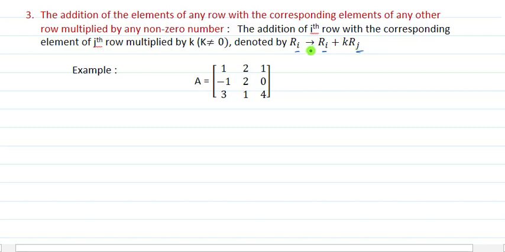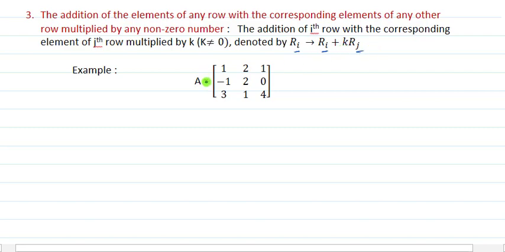Here you should take care that if we are applying on the ith row, then here we should write the ith row and it should be added with k times of another row.